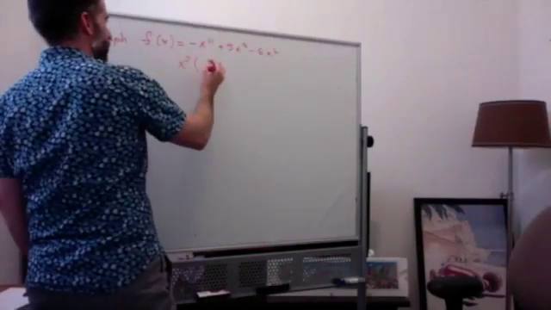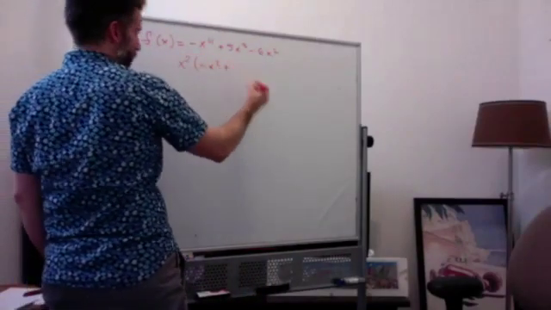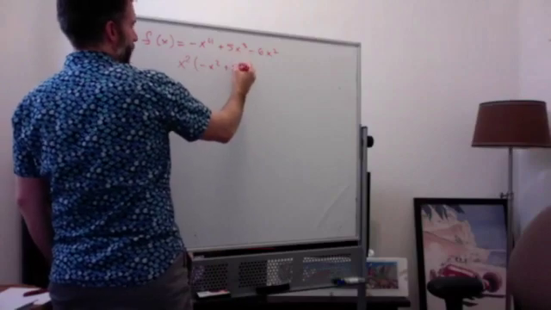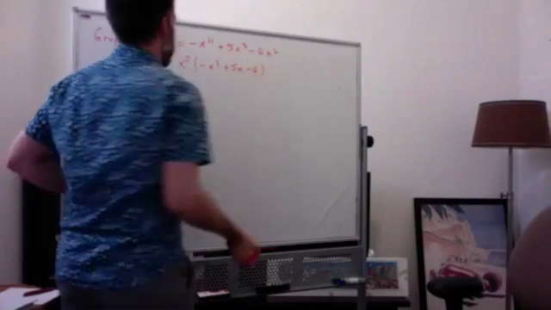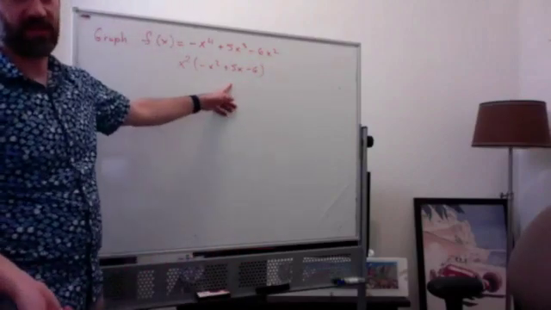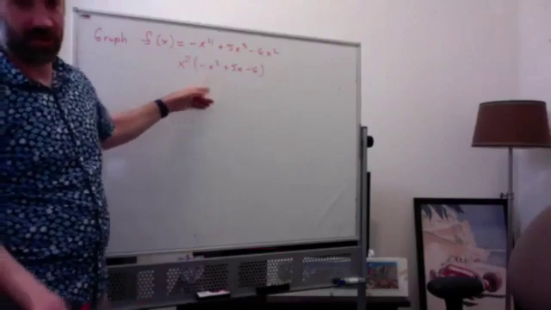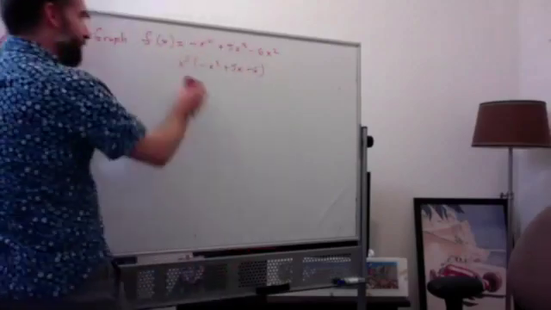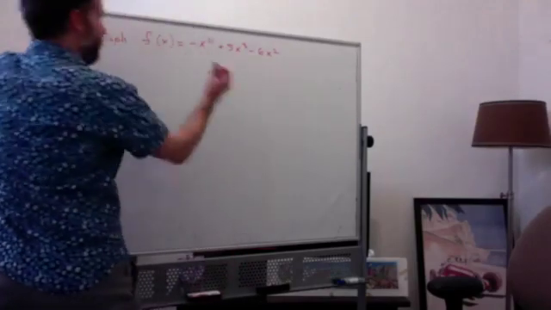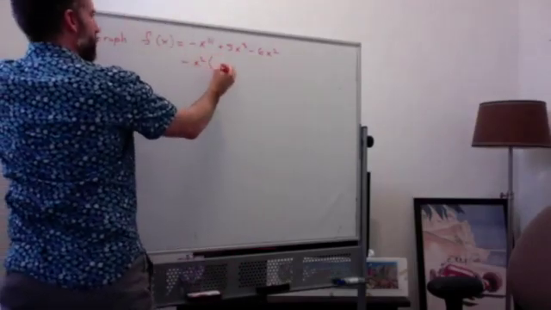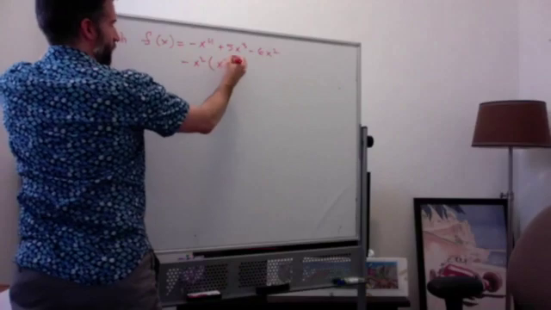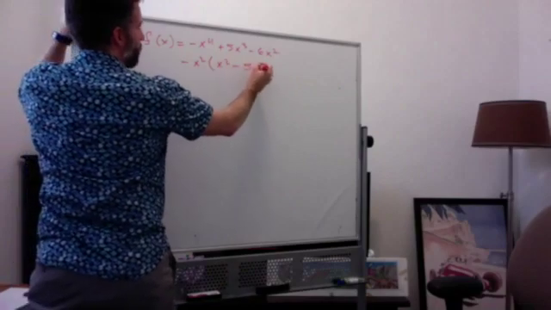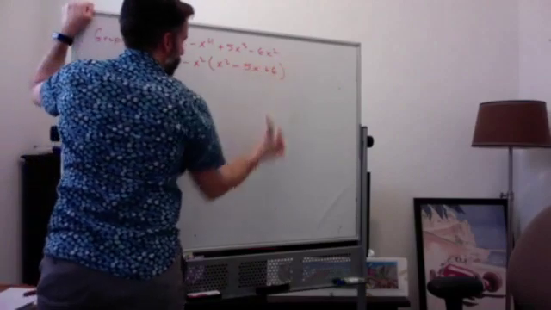But if I just factored out x squared, I'd be left with negative x squared plus 5x minus 6. And although I know I can factor that, to me, the negative here is just challenging. So I would rather make my life easier and factor out the negative x squared and be left with a positive x squared minus 5x plus 6.